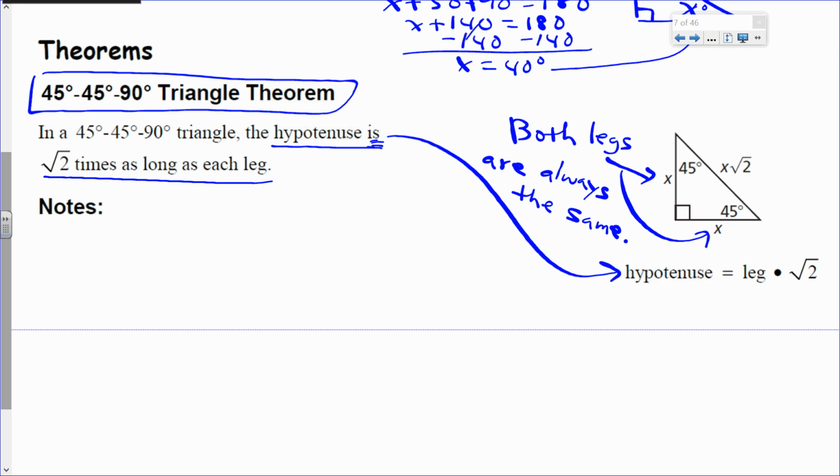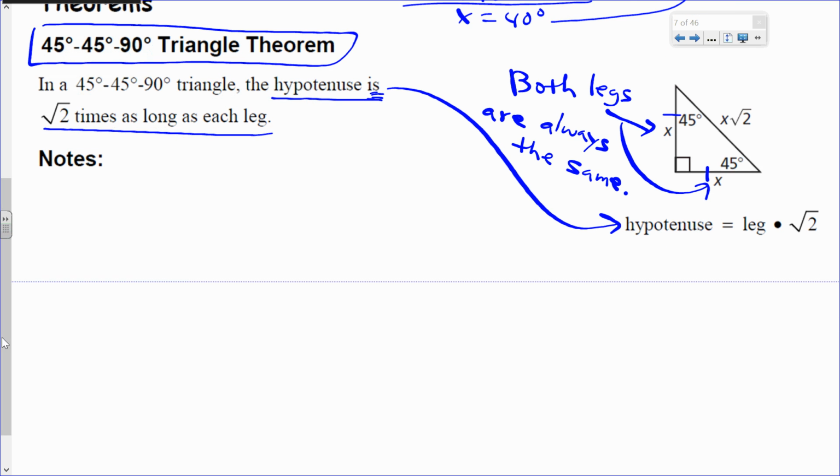If you have a 45, 45, 90 right triangle, the legs will always be the same size. It'll be isosceles. An isosceles right triangle is a 45, 45, 90 right triangle. These are very special kinds of right triangles. Let me explain. This will always be the case.